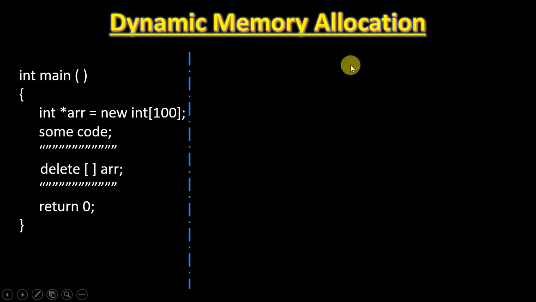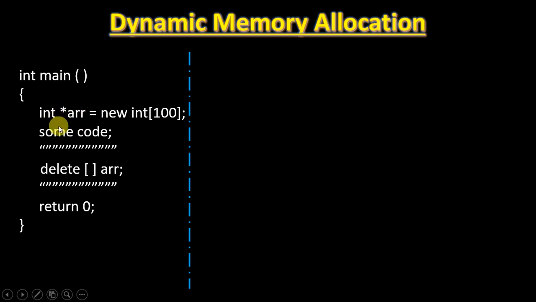In C++ we use new and delete to allocate and deallocate memory locations in the heap. If I'm going for dynamic memory allocation, or heap memory, I have to use a pointer.